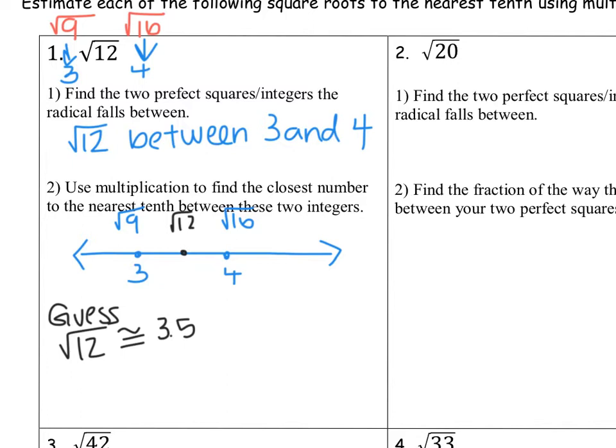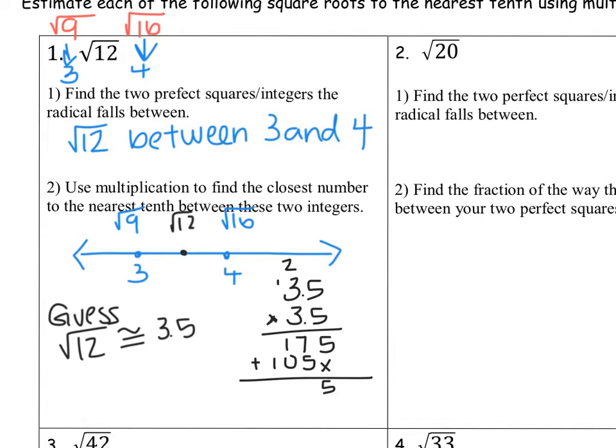So we're going to do 3.5 times 3.5 and see if we get a number that's close to 12. 5 times 5 is 25, carry the 2. 5 times 3 is 15, plus 2 is 17. There's my placeholder. 3 times 5 is 15, carry the 1. 3 times 3 is 9, plus 1 is 10.